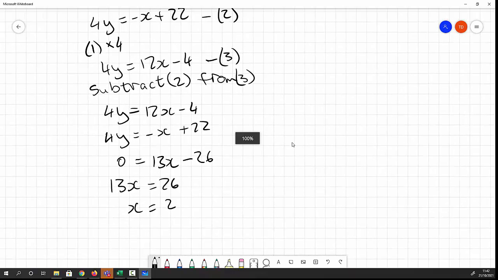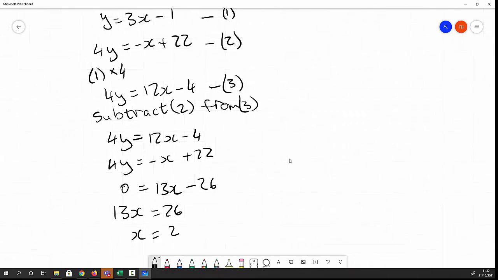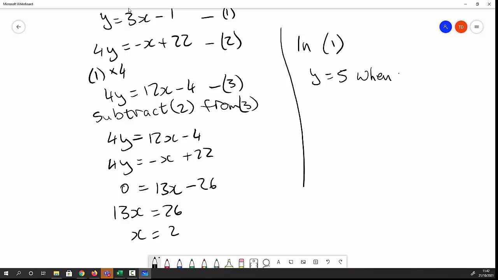In equation 1, if I put x equals 2 in there, 2 times 3 is 6, minus 1 is 5, so y is equal to 5 when x equals 2. And then sanity check.